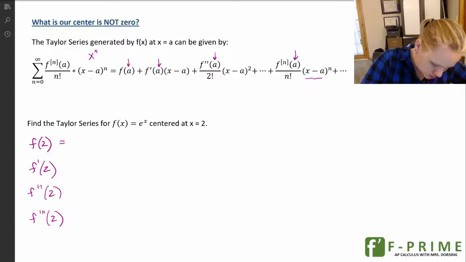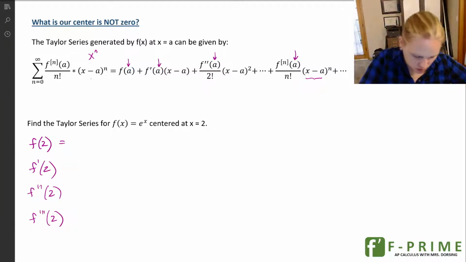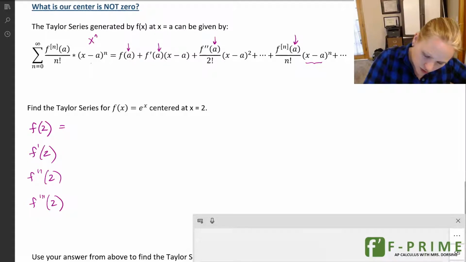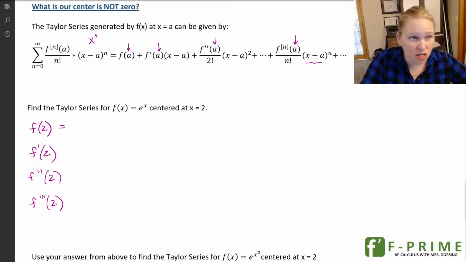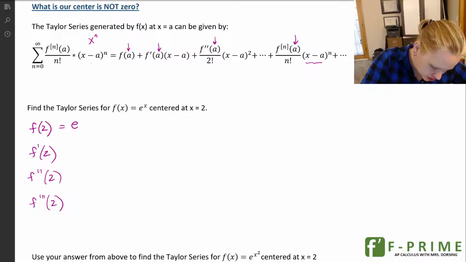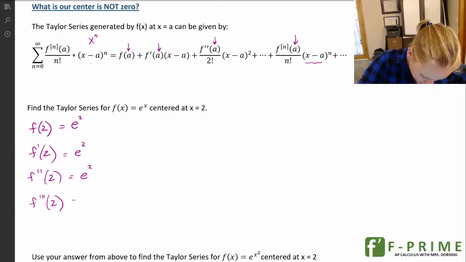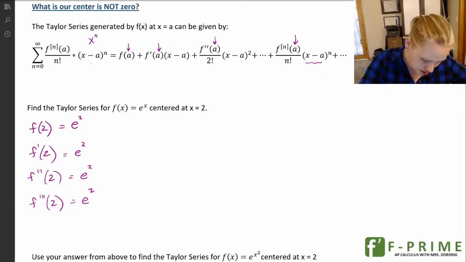Now let's just start with these first 4 values here. We know that the derivative of e to the x is always e to the x, so that's really nice. So e to the 2 is going to be f of 2, and it's going to be the same no matter where we are, because the derivatives are just e to the x, e to the x, e to the x, so that's really nice.